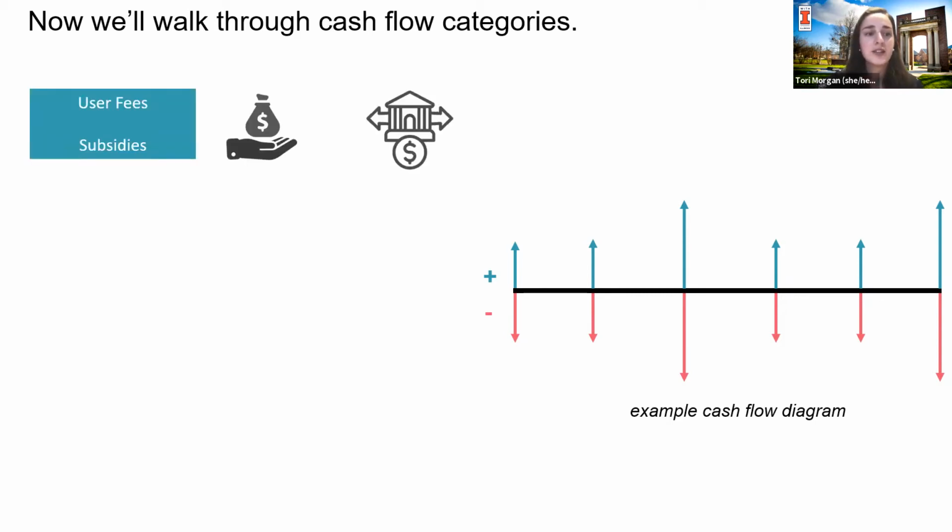And so one example of a revenue or profit might be user fees. Maybe you charge one fee at the beginning, or maybe you charge fees over the lifetime if you're providing a service. Another example is a subsidy. So if the government is trying to achieve some initiative and you help achieve that initiative, you might get money back as a subsidy for your project.